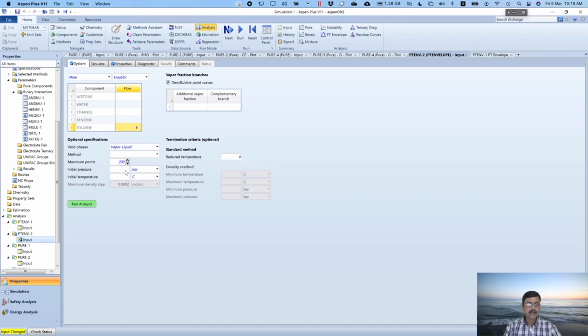Here also you press 1 bar and run analysis.